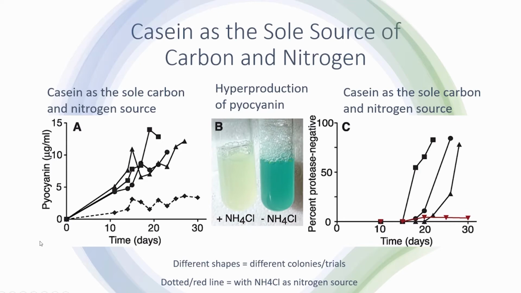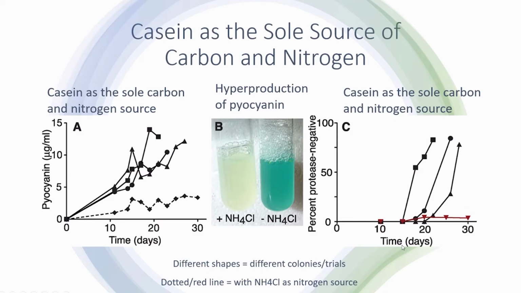So if we look at graph A, we see that when there isn't nitrogen as a nitrogen source, the pyocyanin levels are really greatly increasing. There's just a lot of stress on the environment, and pyocyanin production is really high.